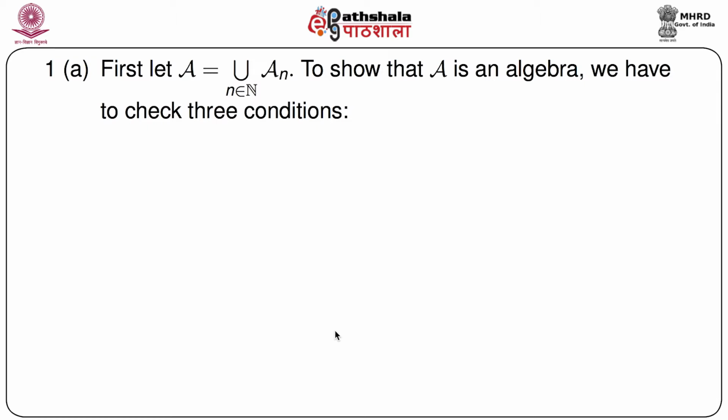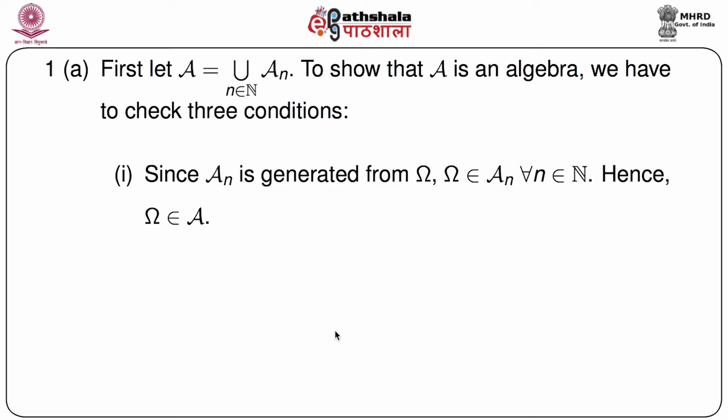Now to solve the first one, let us denote script A as the union of script A_n over n belongs to the set of natural numbers. To show that script A is an algebra, we have to check the 3 conditions necessary for a set to be an algebra.